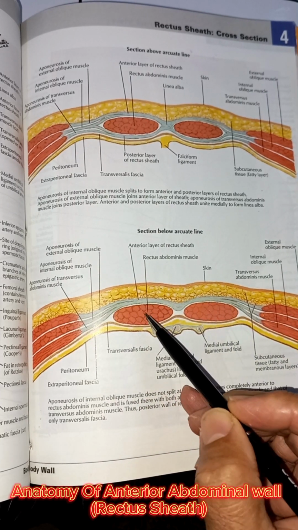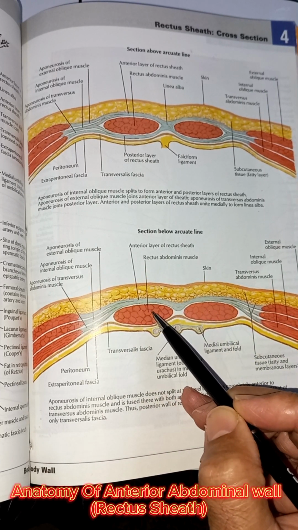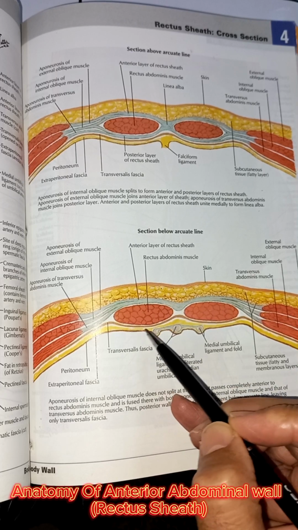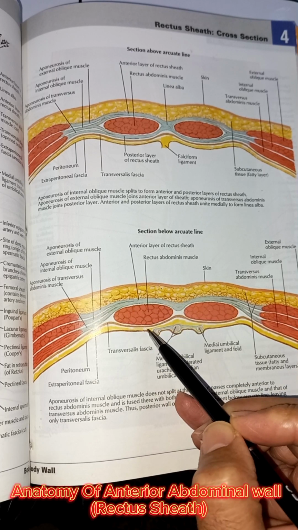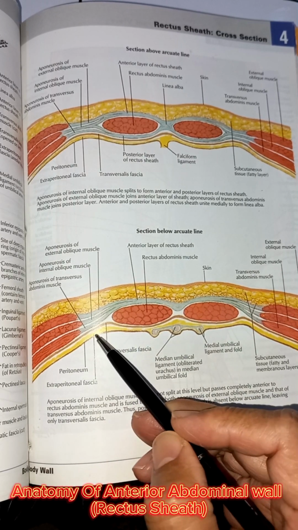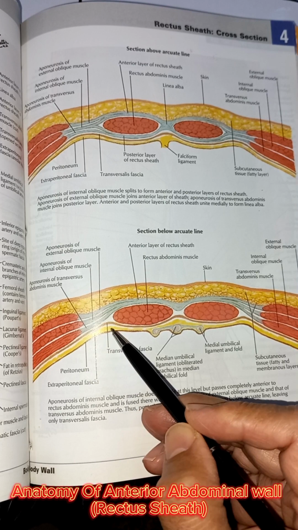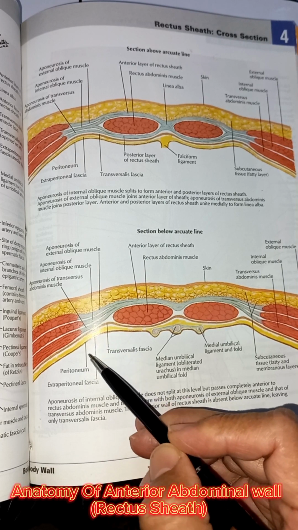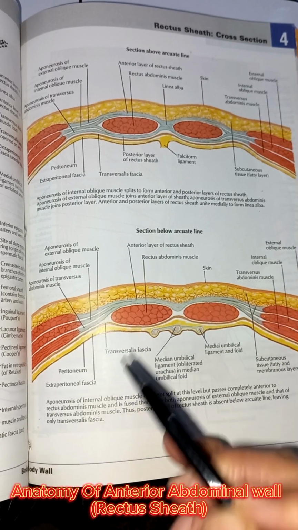And here the rectus abdominis muscle directly lies on the fascia transversalis. And other structures are the same. This is the extraperitoneal fat, and this is the peritoneum.